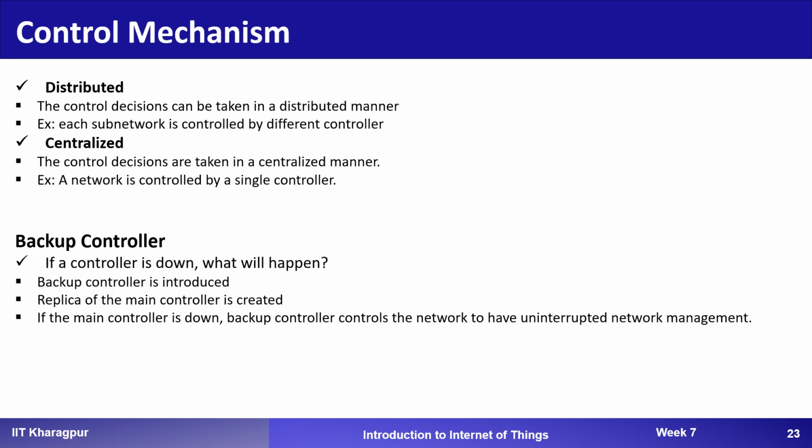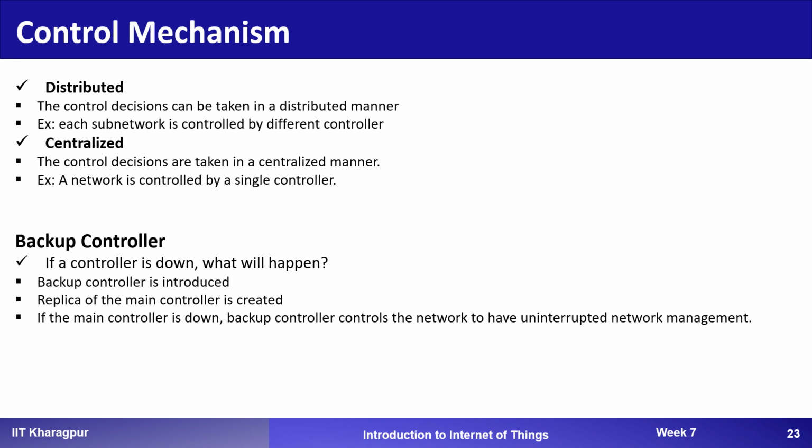Now the control mechanism. There are two types of control mechanisms that can be used in your SDN. First one is your distributed, and second one is centralized. In case of your distributed, the control decisions can be taken in distributed manners. So in that case, different controllers are there in your network, and those different controllers are going to take the control decisions.